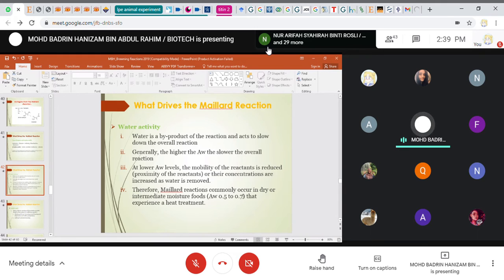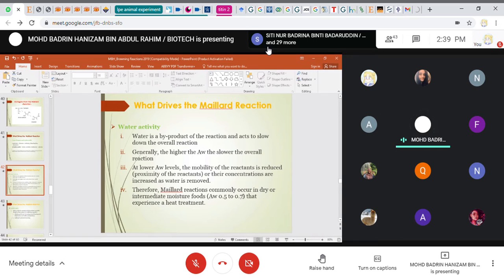For example, I read about coffee recently that a water activity of 0.7 is required. It's considered fully safe for microbial activity. Too much water can slow down the Maillard reaction, and it can also generate an environment for the growth of microbes, which we don't want.